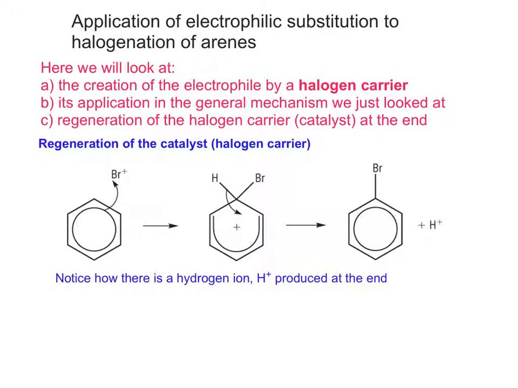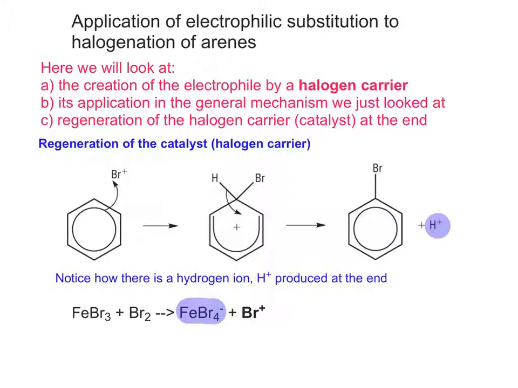So if we take a look at the mechanism one more time, you can see there's a hydrogen ion produced at the end. So therefore, if you remember the reaction that created the electrophile, we also produced something called FeBr4-. Now the two highlighted species can react together to regenerate FeBr3.